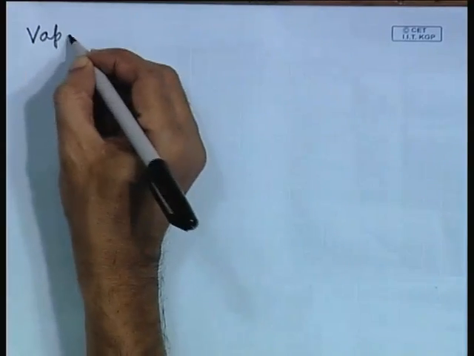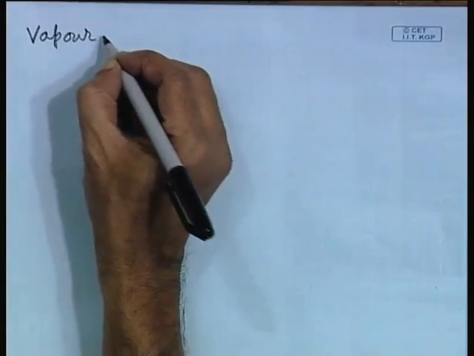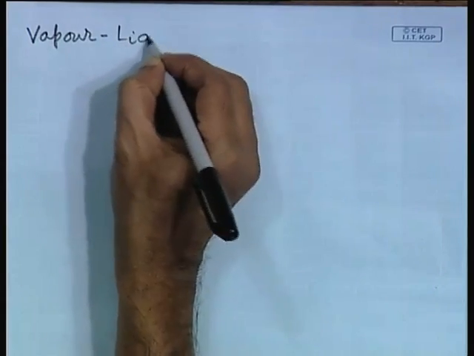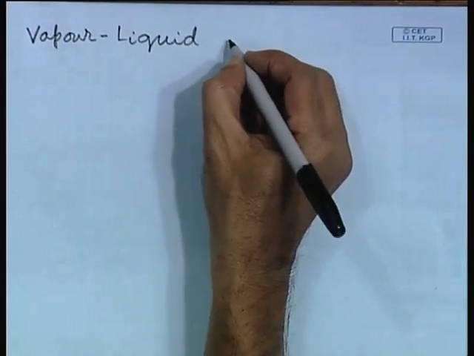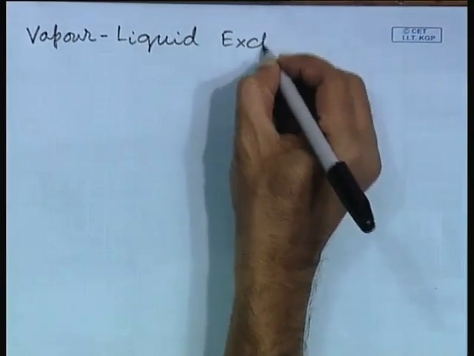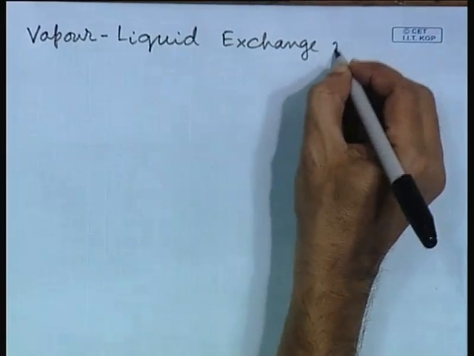Now, there are many models for nucleate boiling, but the other model which I think will be of some interest to you, and which shows a different kind of approach, can be termed as the vapor liquid exchange model.